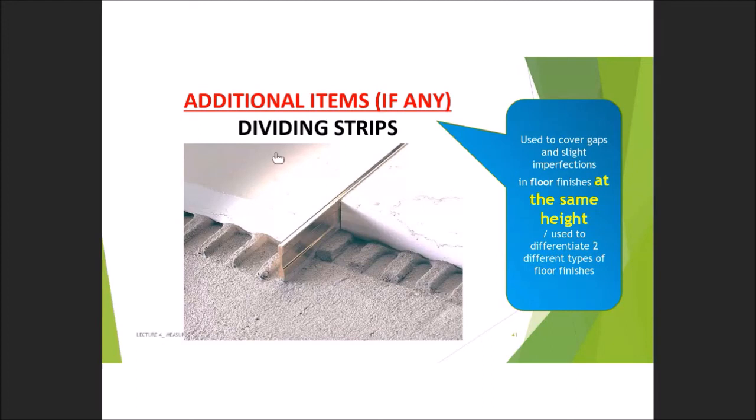Let's say you are at the same height from the elevation. This is the same height at the living area, but maybe you have two halls: living hall 1, and this one is living hall 2.